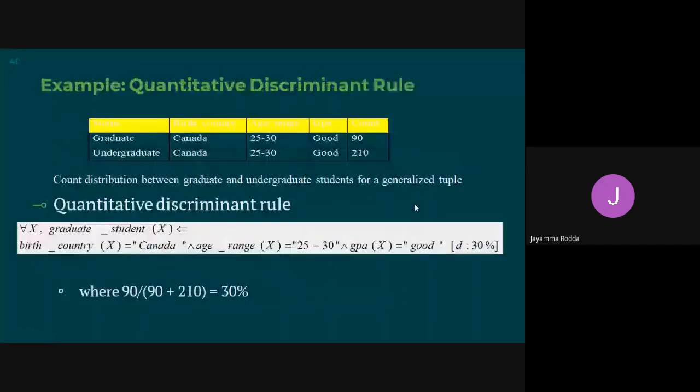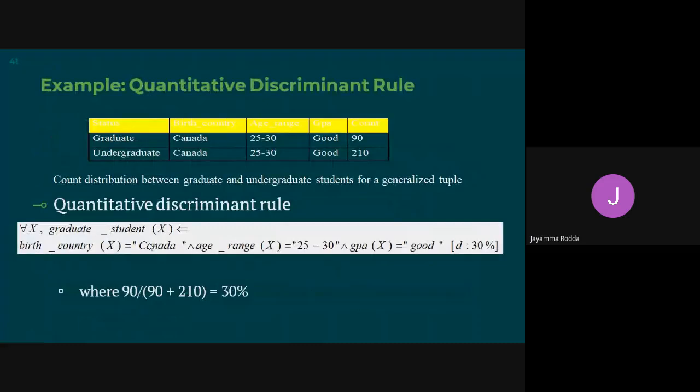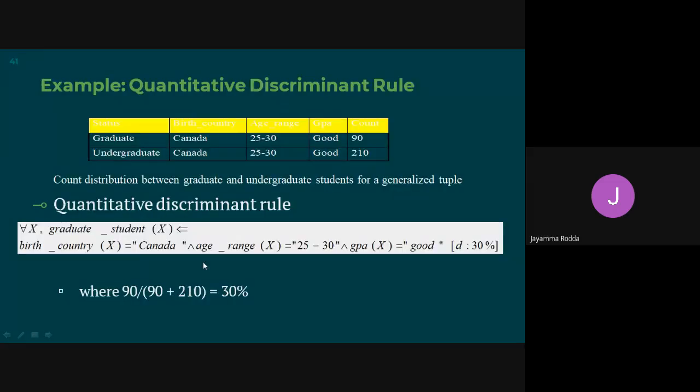We want the target class to be graduate students and the birth country. Here, whatever the syntax that is given based on the condition. What is the condition that we have given? What is the D weight we have given here? This is the condition and this is the D weight we are giving.